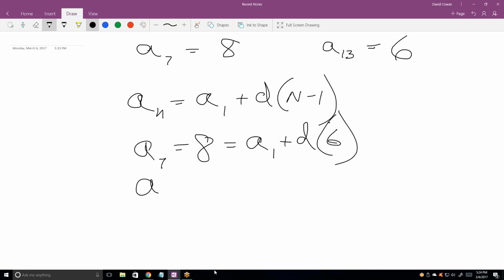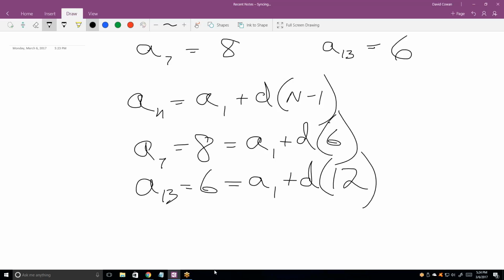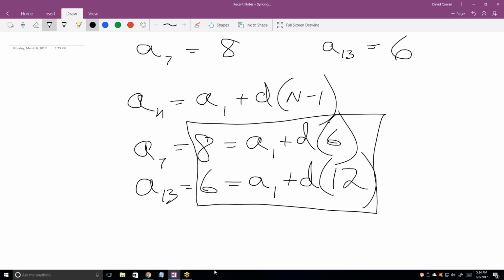Now, a sub 13 is equal to 6, because they said it was, and that's going to be equal to a sub 1 plus the common difference, which I still don't know, times 12, because it's n minus 1. Well, now I have those two equations. There's only two unknowns. I'm going to be able to solve for a sub 1 and d.